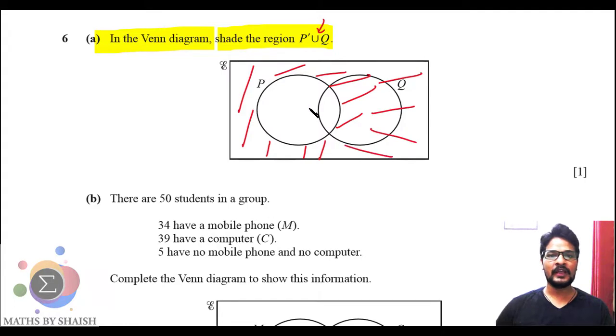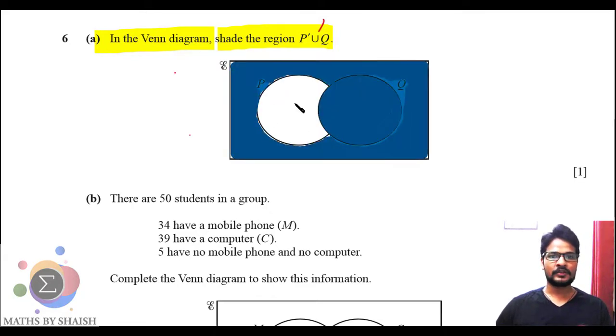And then Q is this circle, and since we are using the union, we shade all the portion except the region which was not being shaded. So this is the shaded region: P complement means without P, and then in Q this portion also comes, which is part of P. So that's P complement union Q.